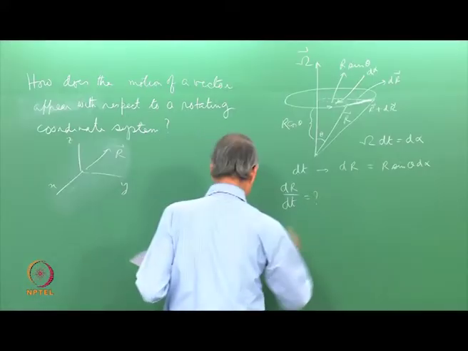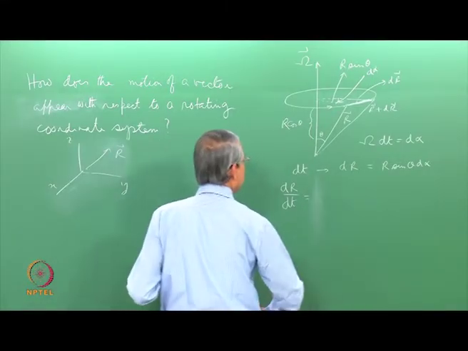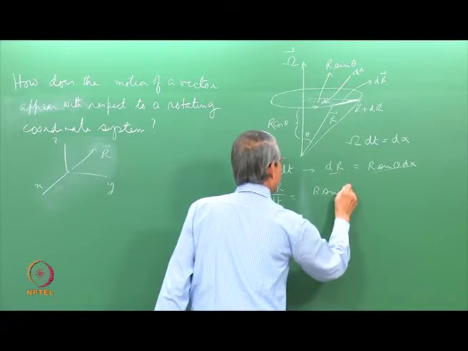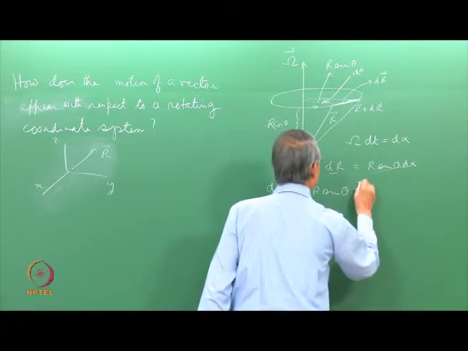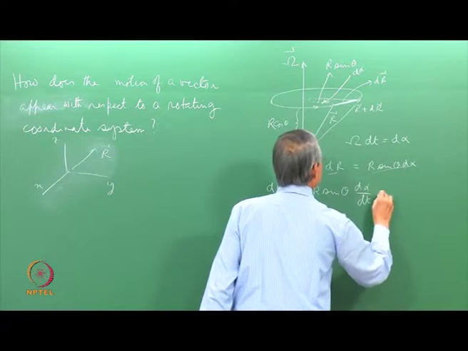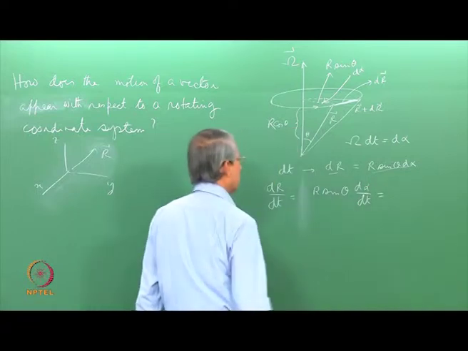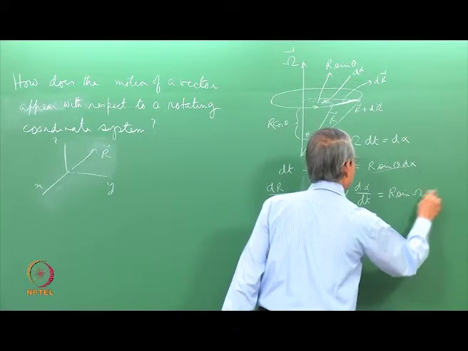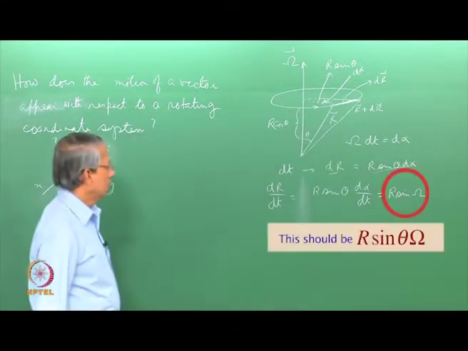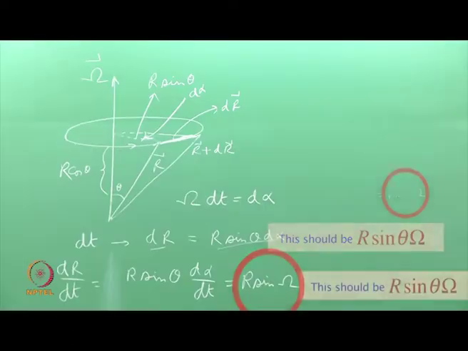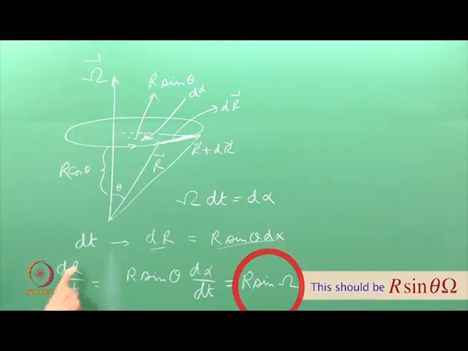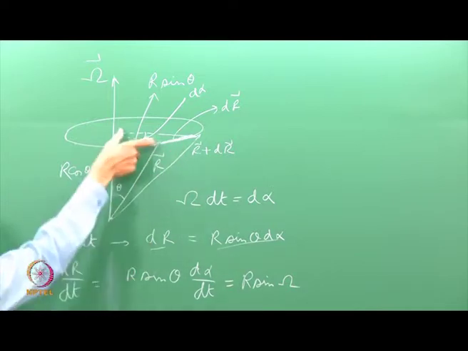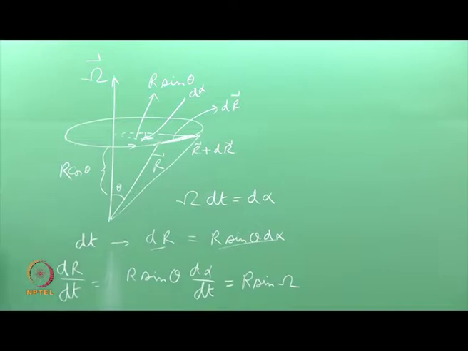So, this is therefore equal to, dr by dt is r sin theta d alpha by dt, which is equal to r sin theta omega. That is straightforward. So, this rate of change of this is equal to r sin theta times the angular velocity.